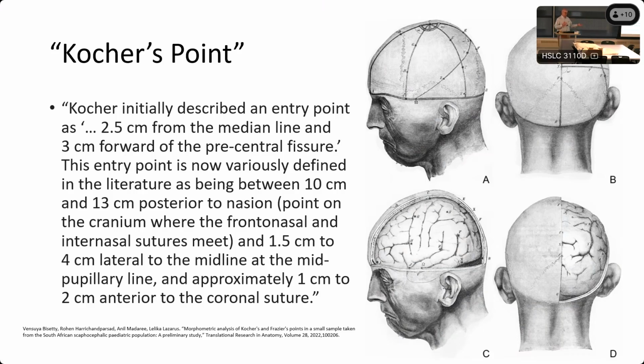And that was super confusing to me. If you look in the literature for different people trying to define Kocher's point, it's often not actually referencing Kocher's original papers. The original papers were written in German. They're not really translated. There's not really good specific quotes in the papers to define these points.